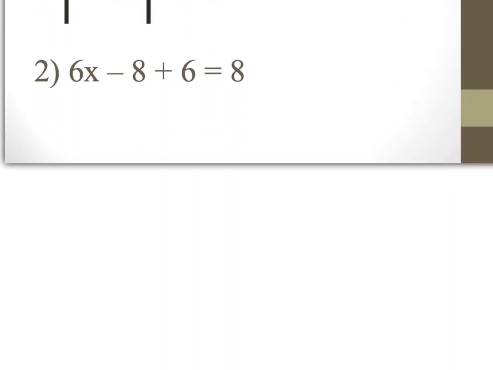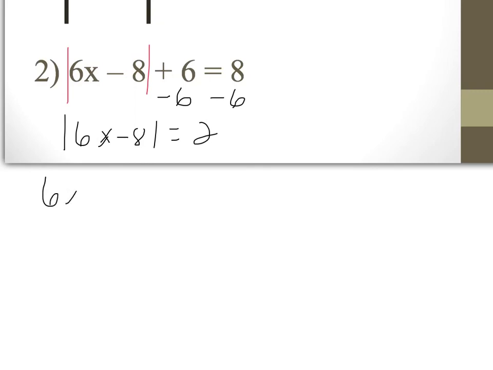On yours, the absolute value bars are here. In this one, we should have first subtracted the 6 to get the absolute value by itself. Now I can go ahead and make my two equations. My first one will be 6x minus 8 being positive 2, and the other one, 6x minus 8 being negative 2.